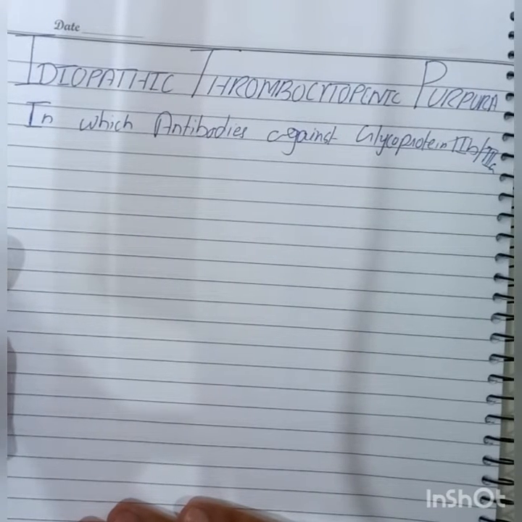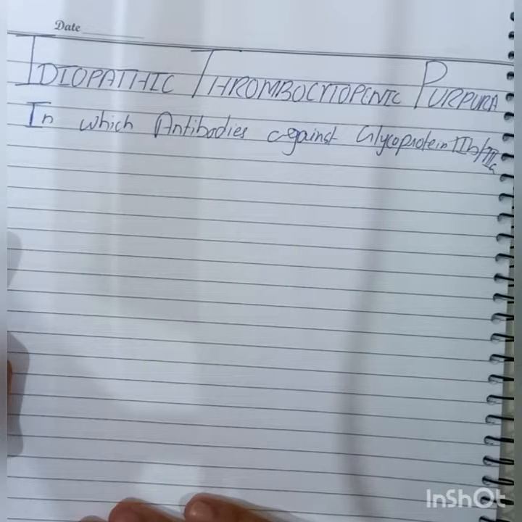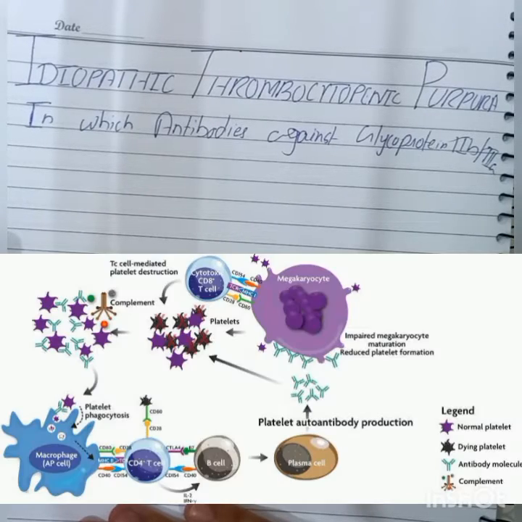These glycoprotein 2b3a receptors are present on platelets. The main function of the glycoprotein 2b3a receptor is to regulate hemostasis, which means that it is involved in the aggregation and adhesion of the platelets.